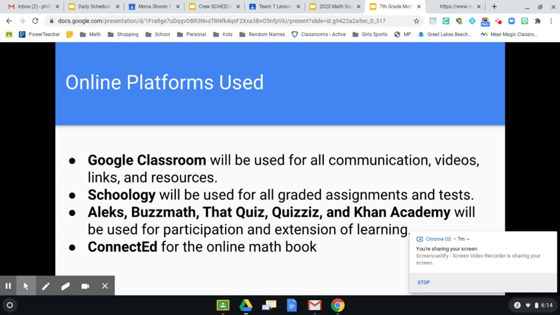So if by chance you forget your book, if you're coming face-to-face and you need that online math book, we will get you logged in so you can see that. Same thing at home, if you can't find your math book. Again, we'll get you that login shortly, hopefully in the next week or so, so that you have access to get into that website online and access your math ebook also to help.